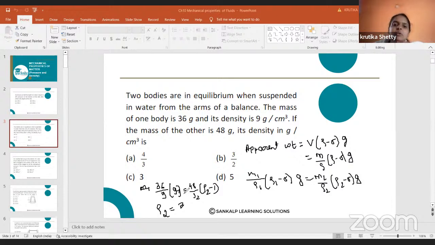Simplify this one. Rho 2 you require. 9 minus 1 is 8. 8 into 36 divided by 9 is on one side. On the other side rho 2 is there, and you have to simplify it. Others are also getting the answer.